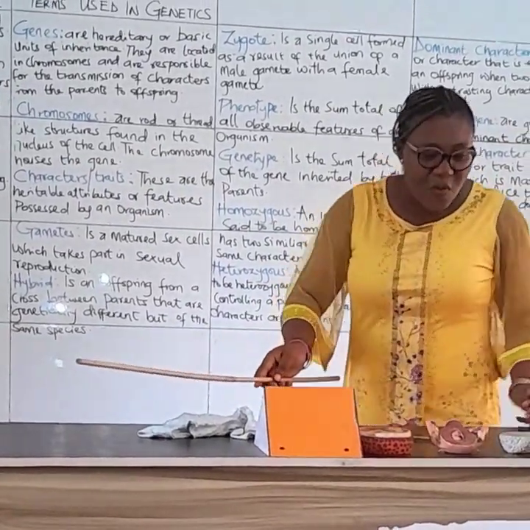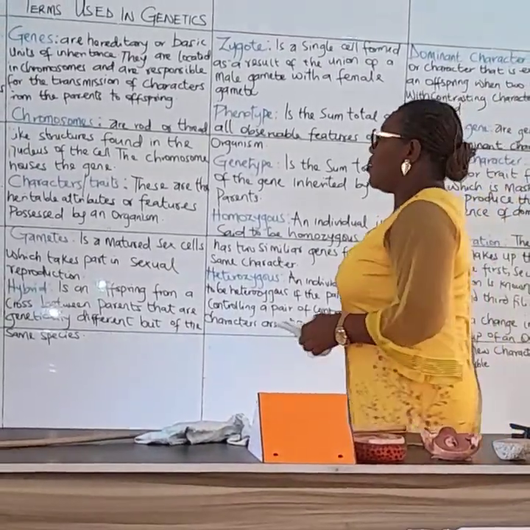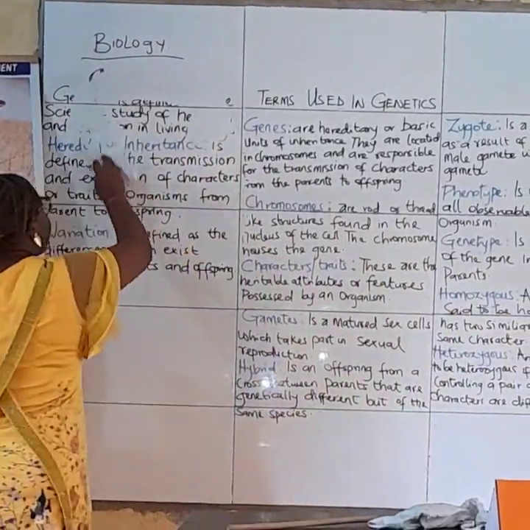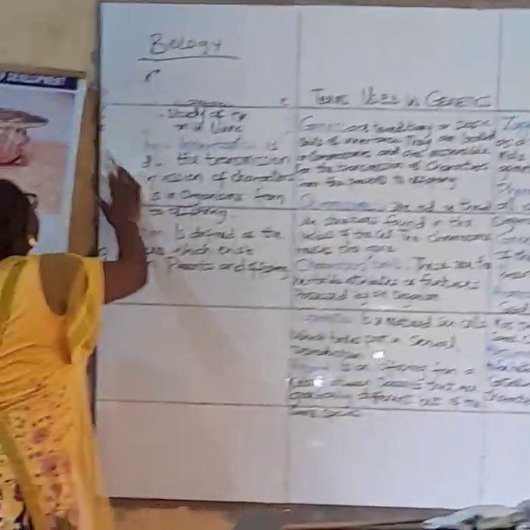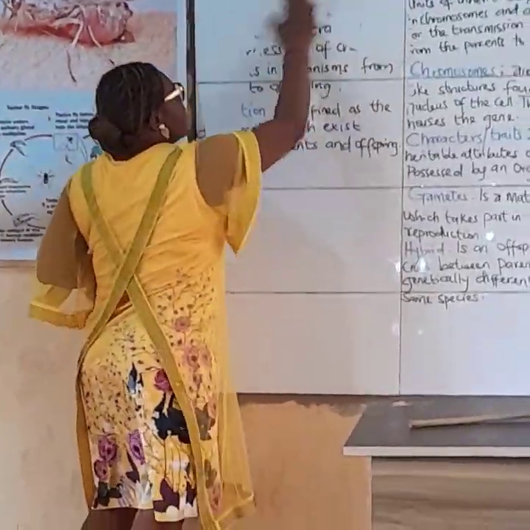In your SS1, I explained about the cell, where we drew so many diagrams. Let me clean this so that it will help me in explaining this chromosome better.